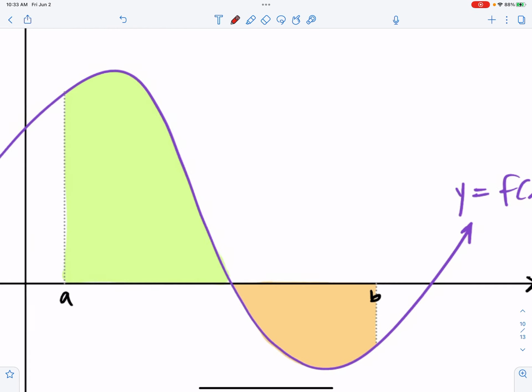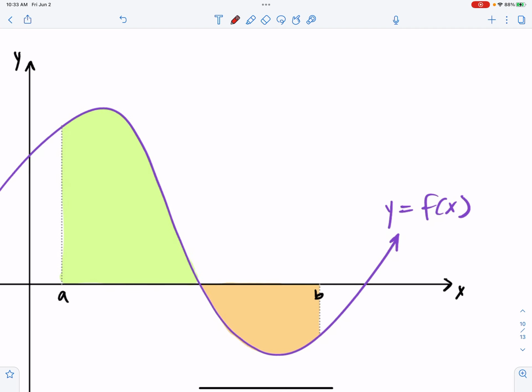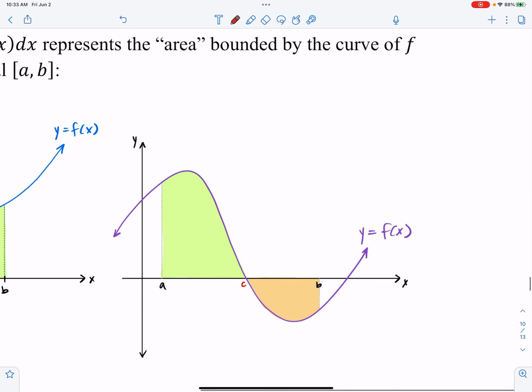So if we look at this function, which on the interval from a to b is positive, let's say from a to c, and then negative from c to b, the definite integral will actually end up giving us the difference between these areas.